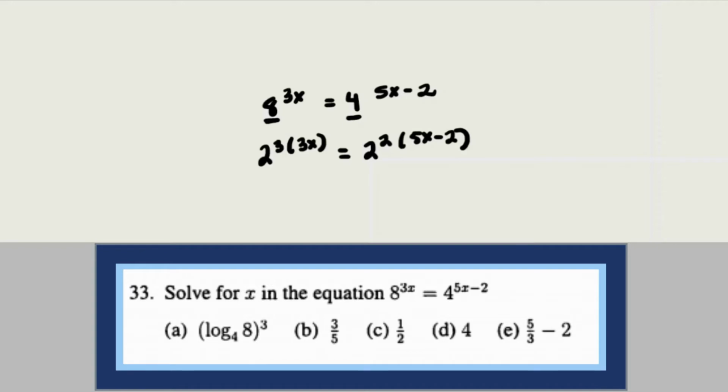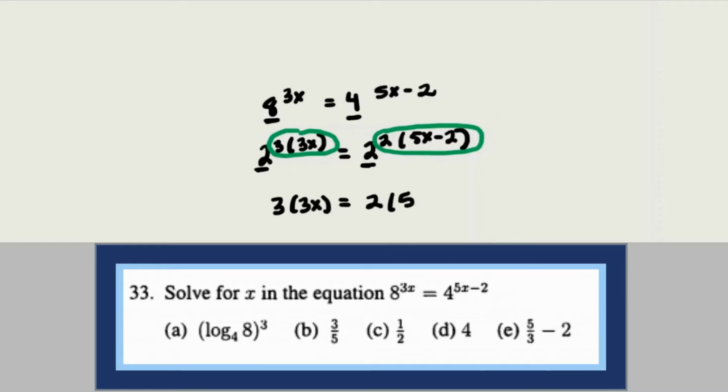Okay, so as you see, when we did that, we now have a like base of 2. And when this happens, what we can do is set their powers equal to each other. So we're just going to set the 3 times 3x equal to the 2 times 5x minus 2.